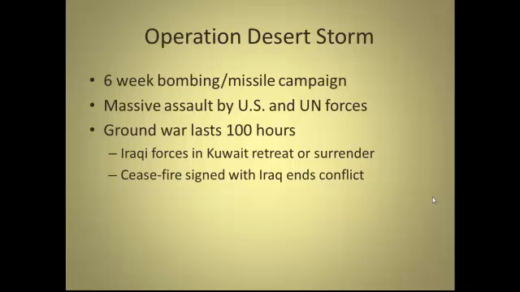Then after that, a massive land assault was undertaken, but the ground war only lasted 100 hours. Clear advantages in both air and land power led to the Allied forces under the United Nations causing the Iraqi forces to retreat or surrender. A ceasefire would be signed that would end the conflict with Iraq.